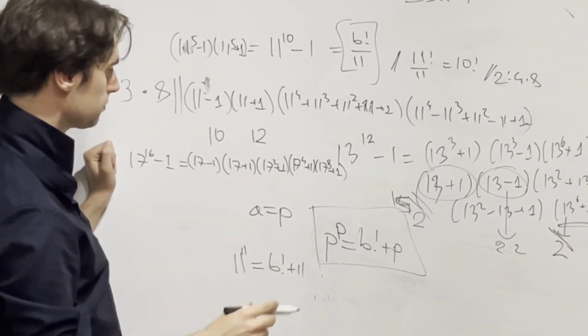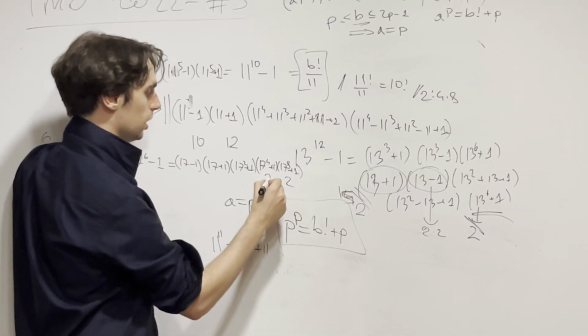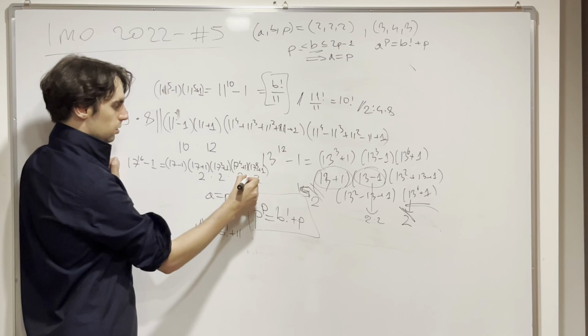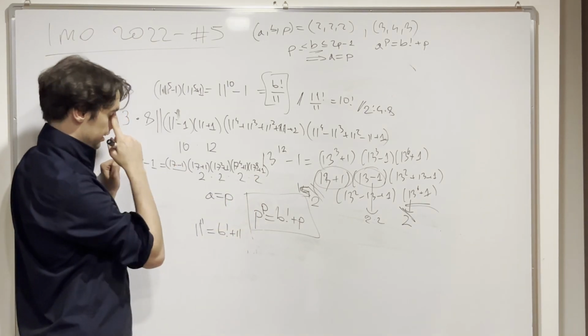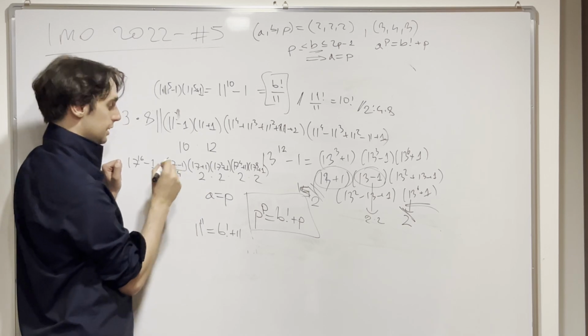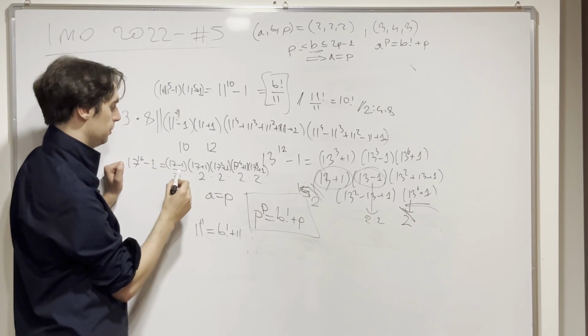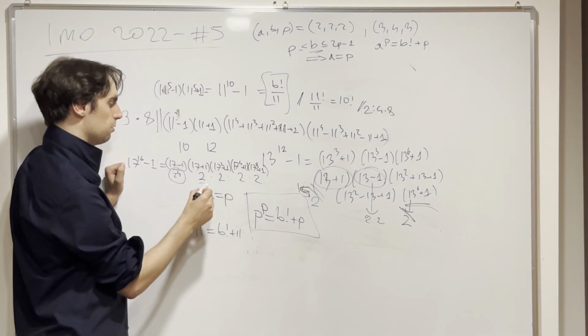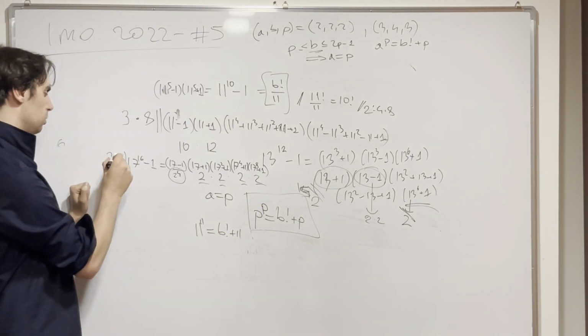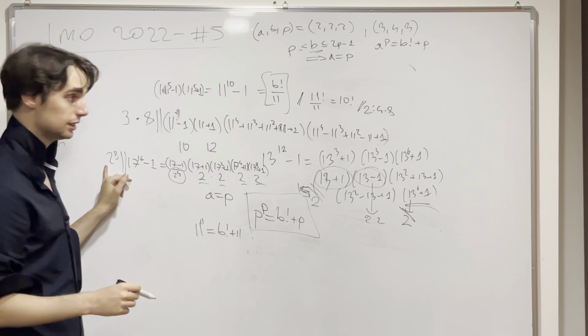So this has a 2, a 2, a 2. 18 has a 2. And then 17 minus 1 is 16, so that's 2 to the power of 4. This is an interesting contender because this is now 4, 5, 6, 7, 8 2's, so 2 to the power of 8 fully divides this.